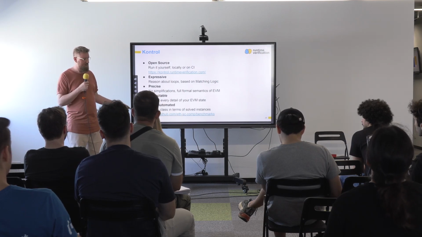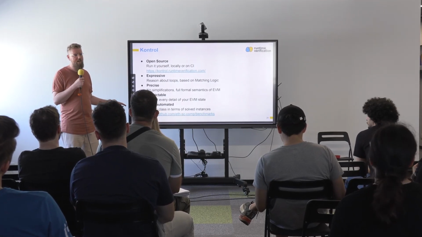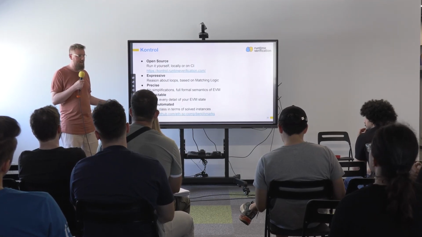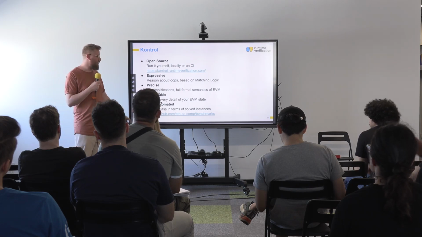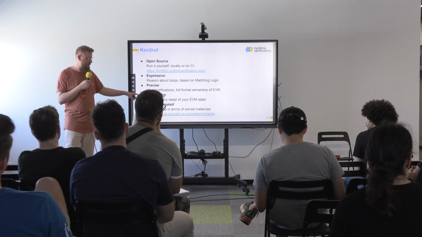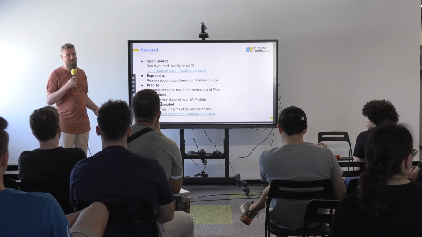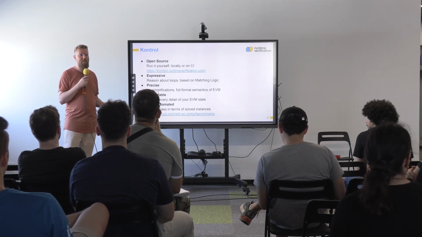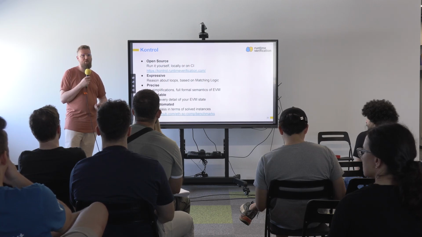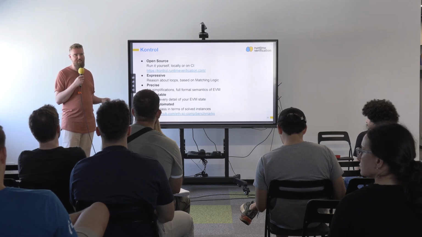At the beginning of the year it was still HEVM, and now we just passed them. But of course, all this expressivity, precision, inspection, and interactive proving comes at a cost. And that cost for KControl is compute power. Our approach usually performs slower than all the other approaches that exist.